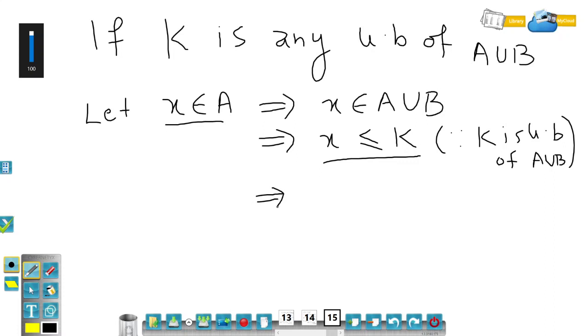So this would imply k is an upper bound of A.